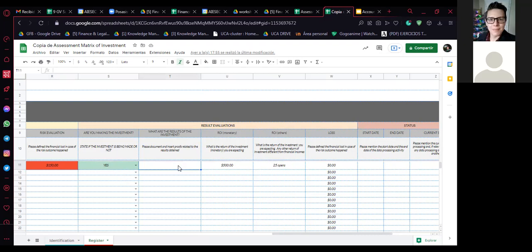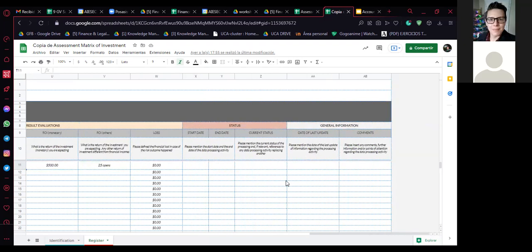You can place a link or something that can relate to this ad campaign, and you place the final results. So in this case, we achieved the monetary return of investment of $500. We made the 25 opens. We didn't have any losses. And at the end you place the status of the investment.